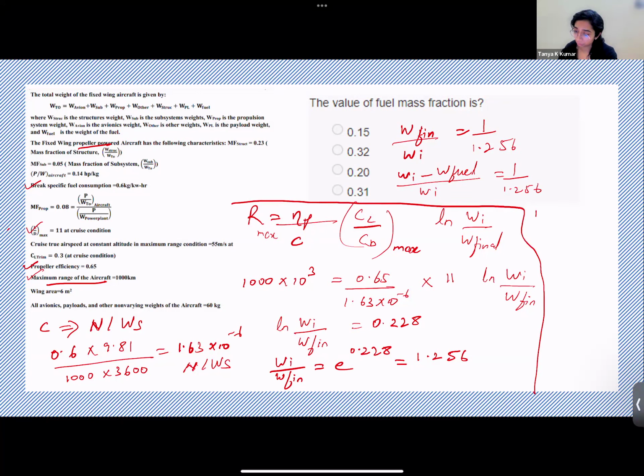So 1 minus W fuel by W initial gives you 1 by 1.256.